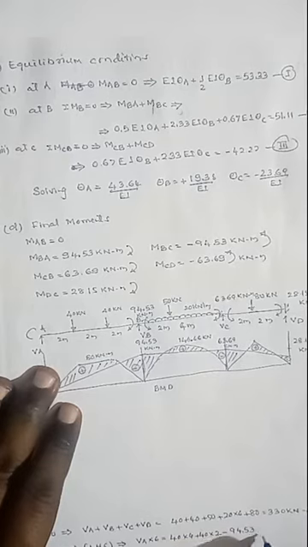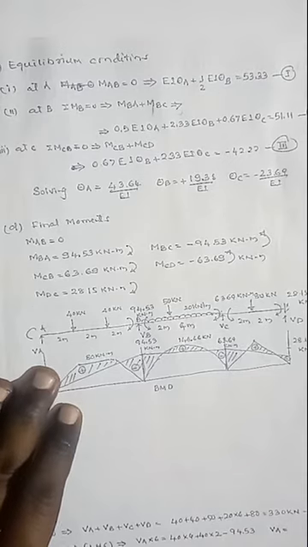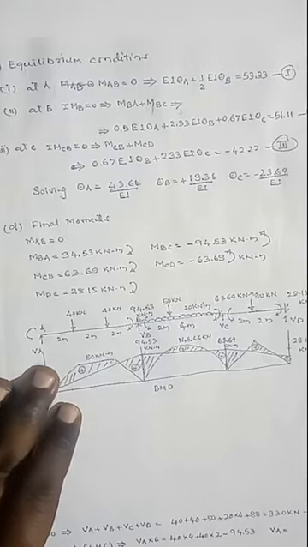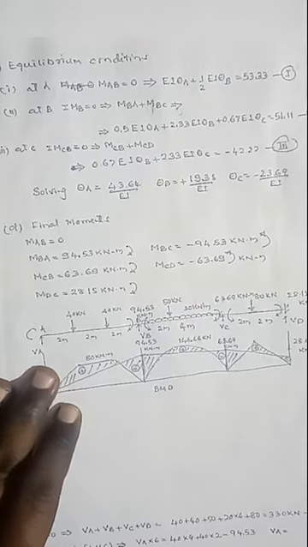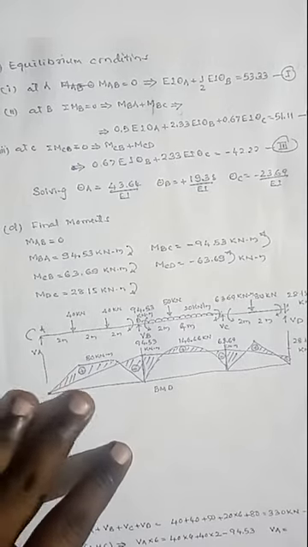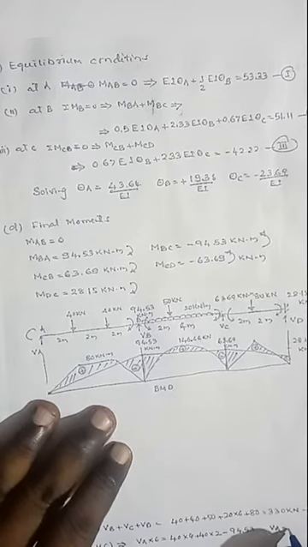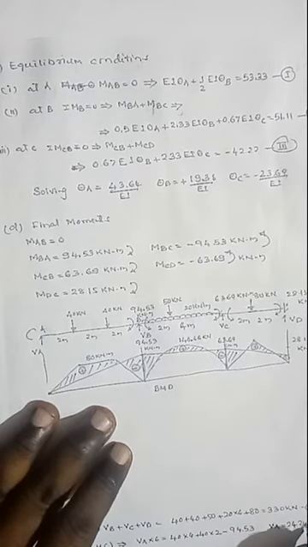Then you will get VA equals 24.24 kilonewton, that is upward.